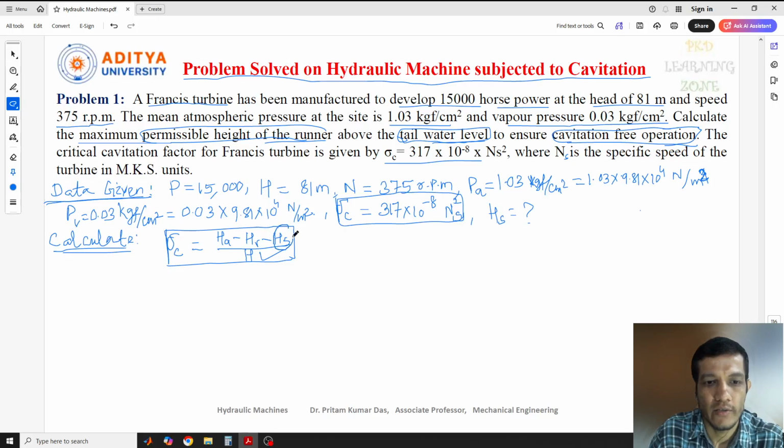We need to find out HS, and these two values we can identify from the pressure values. Along with sigma c, ns is also given, so we need to calculate that.